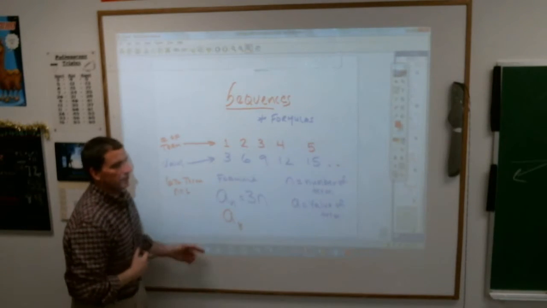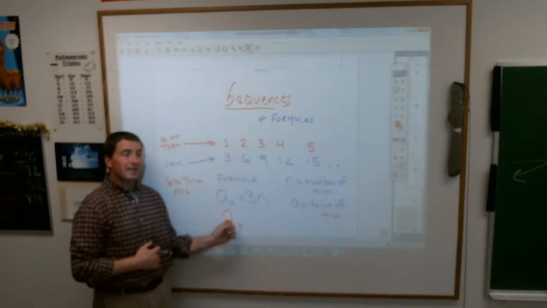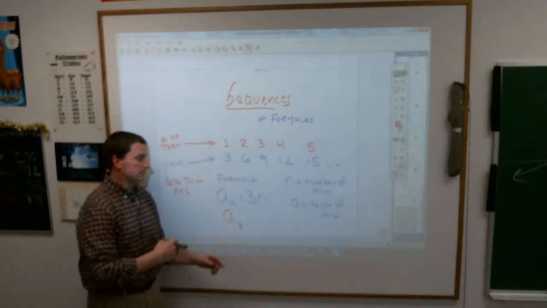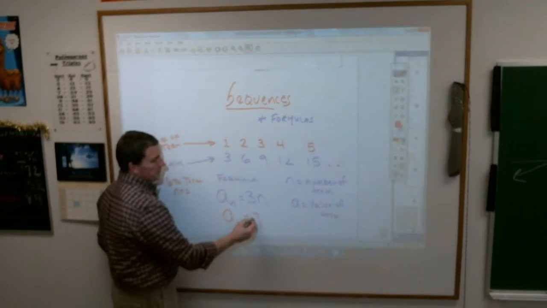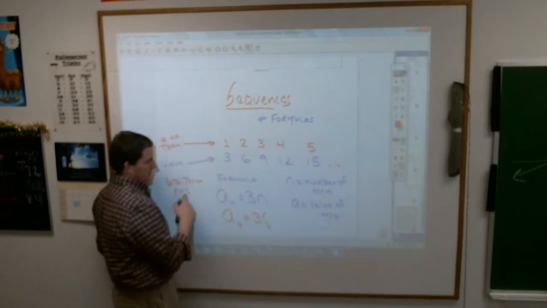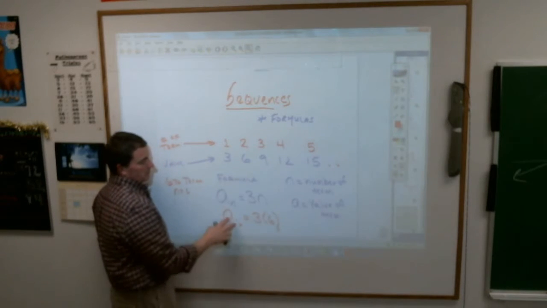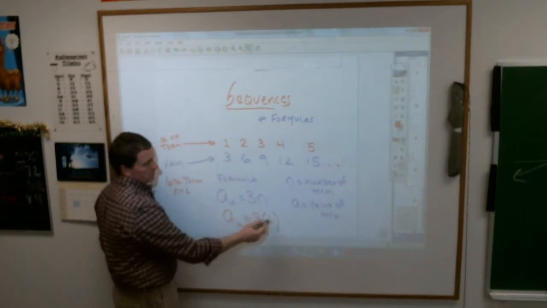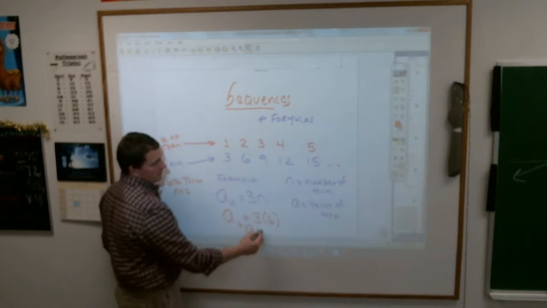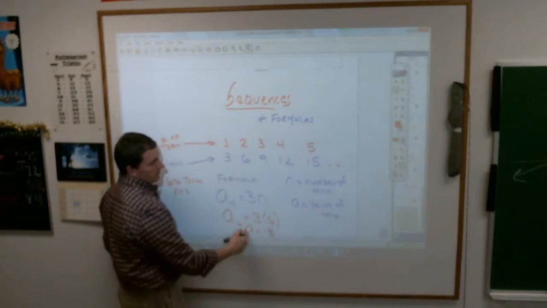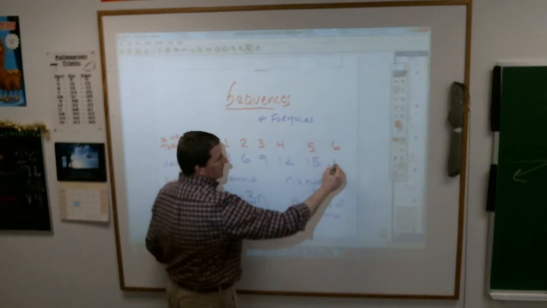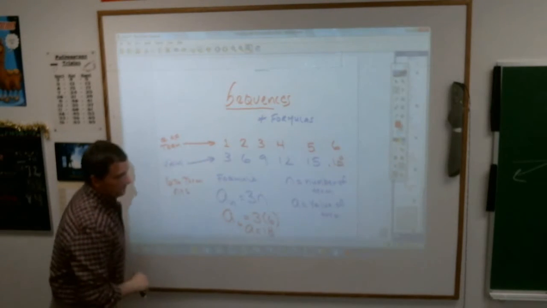Now this doesn't stand for a number. This just tells me the letter A stands for a value. The value of the 6th term equals 3 times what n equaled, which was 6. So the value of the 6th term equals, what is 3 times 6? A sub 6 equals 18. That means for the 6th term, I would get an 18.